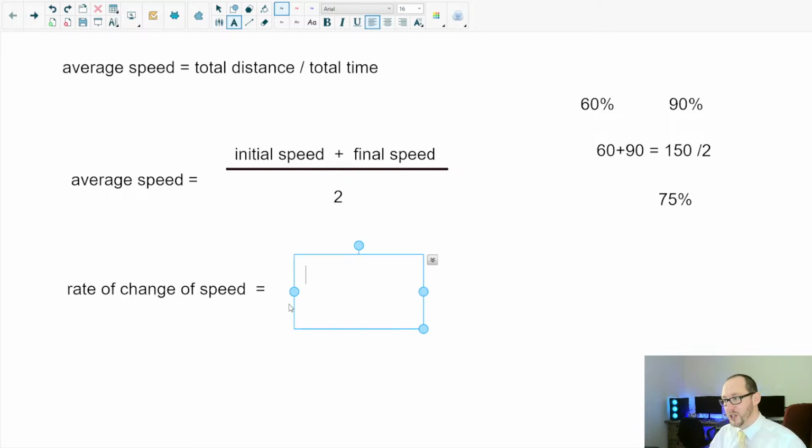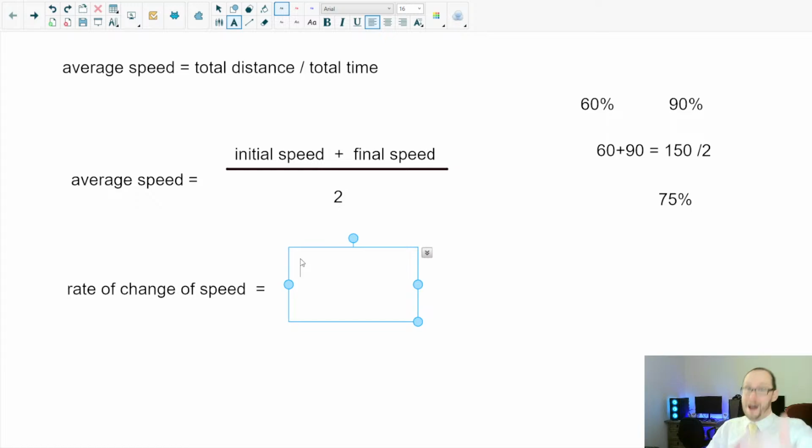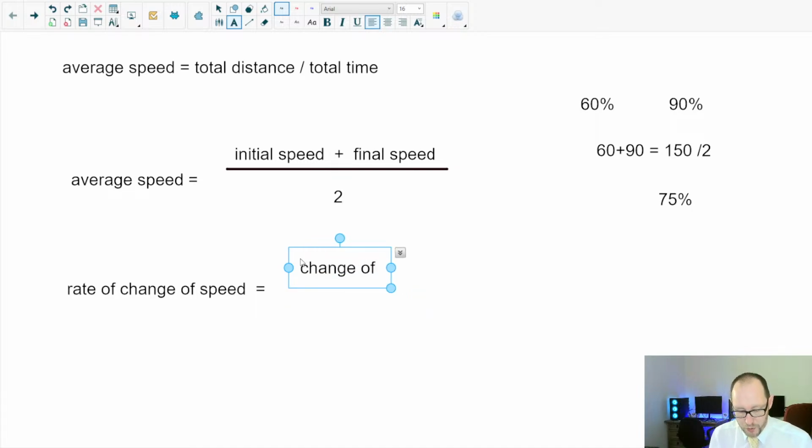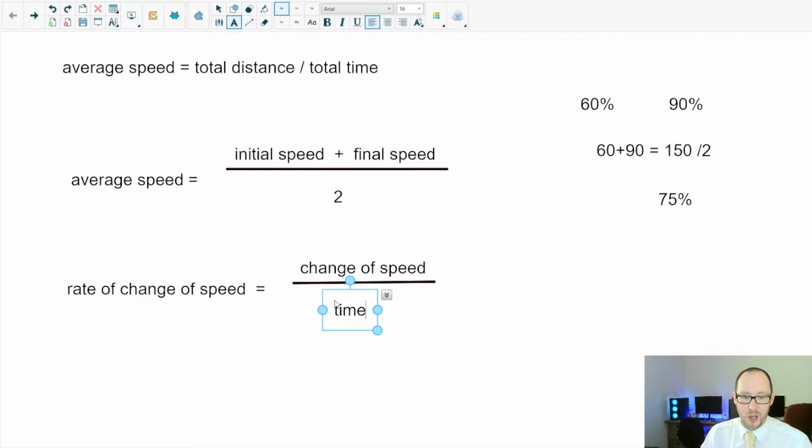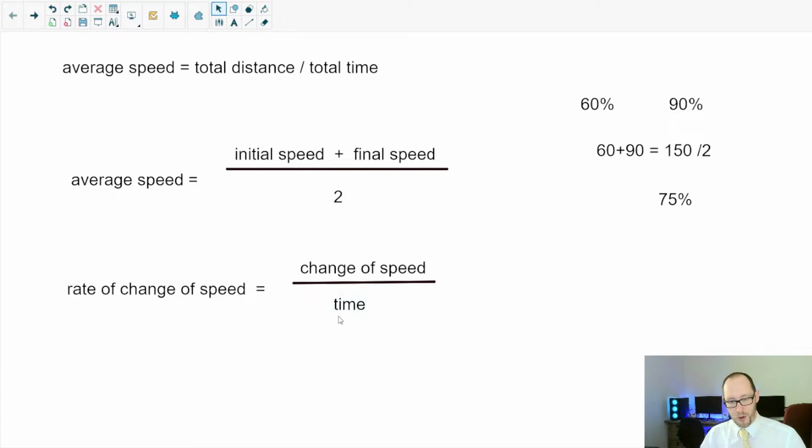So my rate of change of speed is how much faster do I get faster. It's a really weird kind of concept. So what we need to figure out is what is my change of speed at the top, and how long did that take me. And we're going to divide that by the time, because the longer it takes me, the lower my rate of change of speed is. So it's on the bottom line of this.